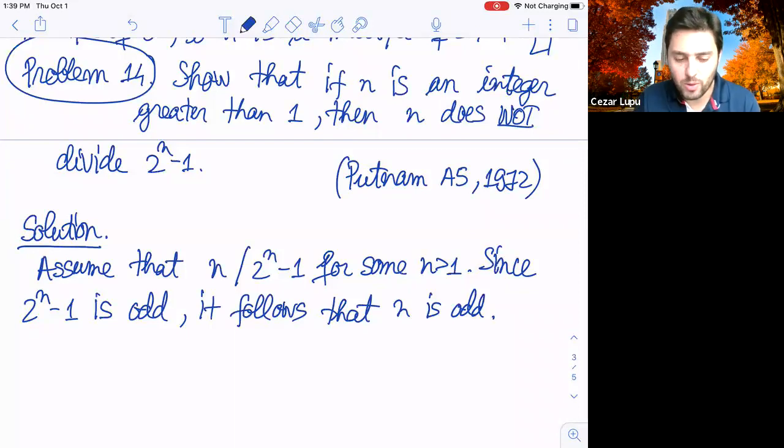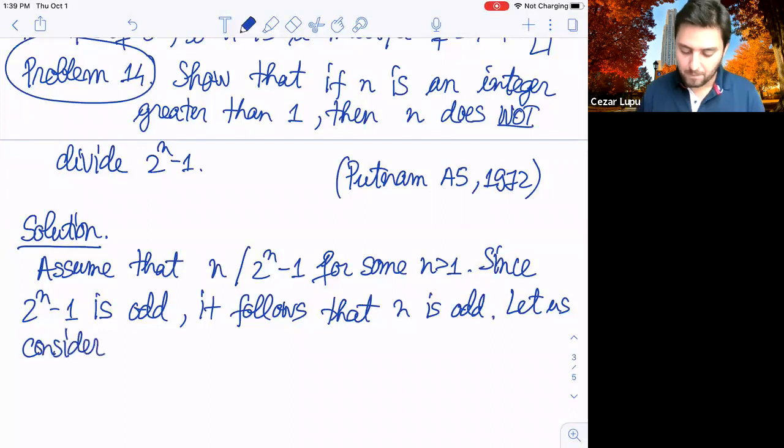Since n divides 2 to the n minus 1, and 2 to the n minus 1 is odd, n is odd, it's obvious.